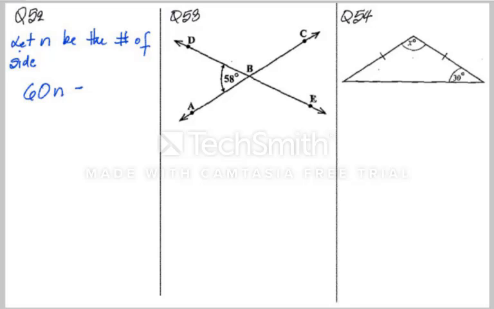So 60n would be equal to 360. Divide both sides by 60. I'm going to get n is equal to 6. If n is equal to 6, this shape is a hexagon. The answer is C.